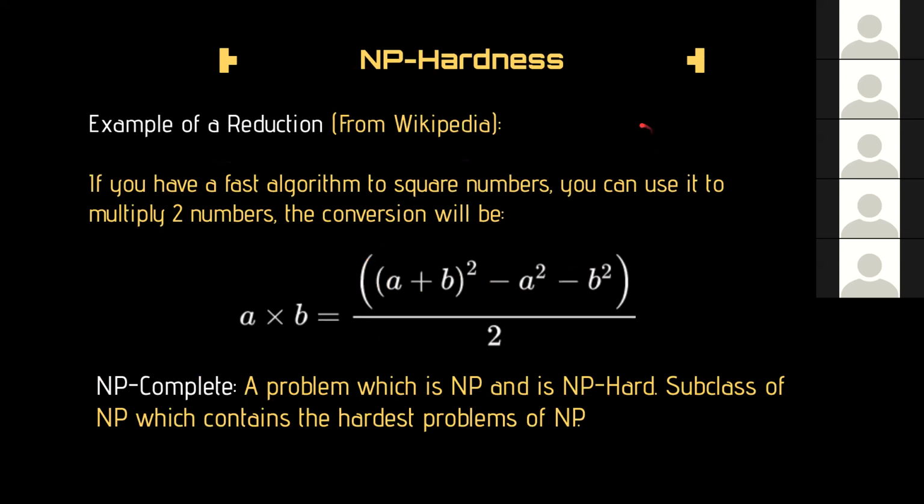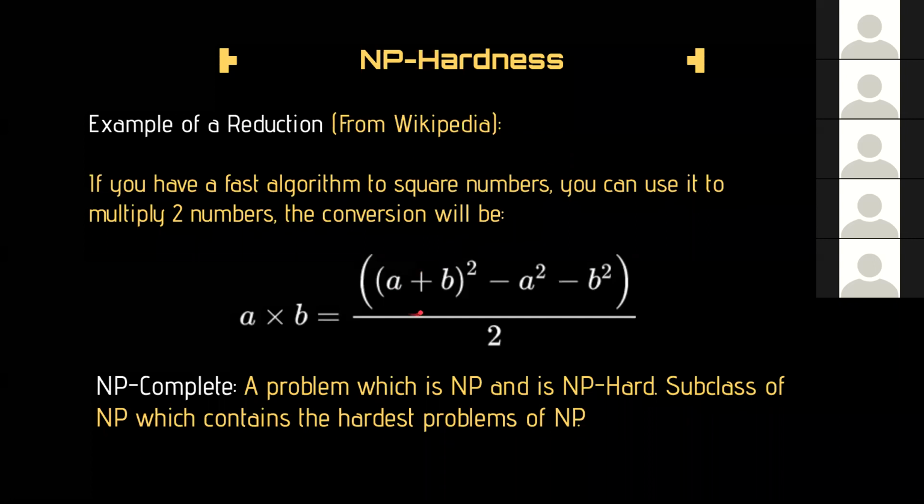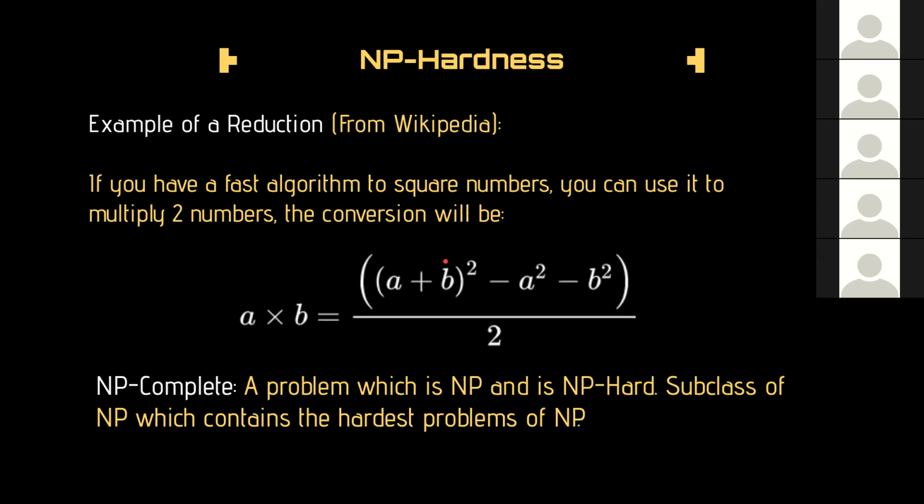One of the simple examples I took from Wikipedia is reducing squaring to multiplication. If you have a fast algorithm to square numbers, with the overhead of addition, subtraction and division, you can convert it into a multiplication algorithm. This is a valid reduction because we are assuming that the operations addition, subtraction, and division take polynomial time.